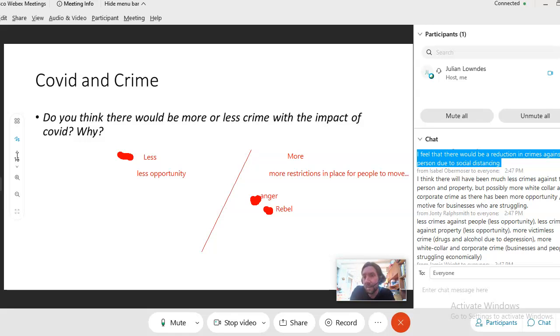Would these things be more or less? Would there be particular offences that would be likely to be on the rise or downward trend? But the more important thing, why so? And that could give us some interesting insights into the nature of crime and what causes crime.